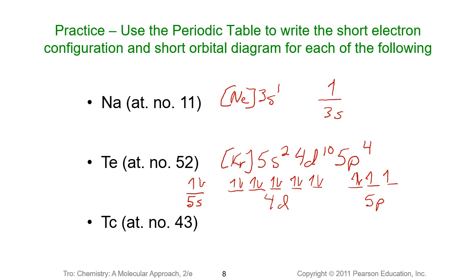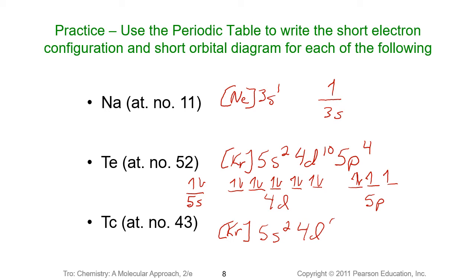Now if we look at technetium, technetium is number 43. We would start at krypton again. We would travel through 5s. We would go into the 4d, but now we did not completely fill the 4d.